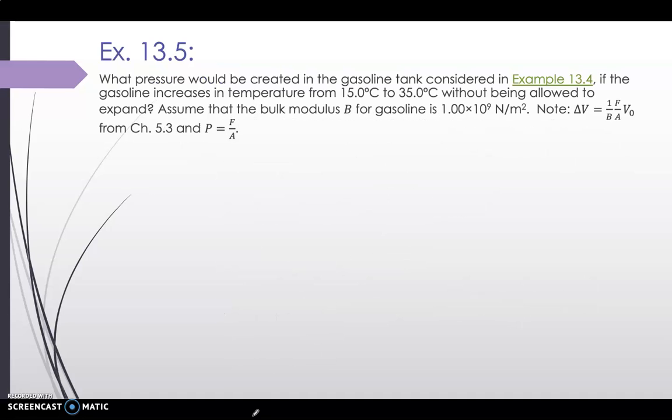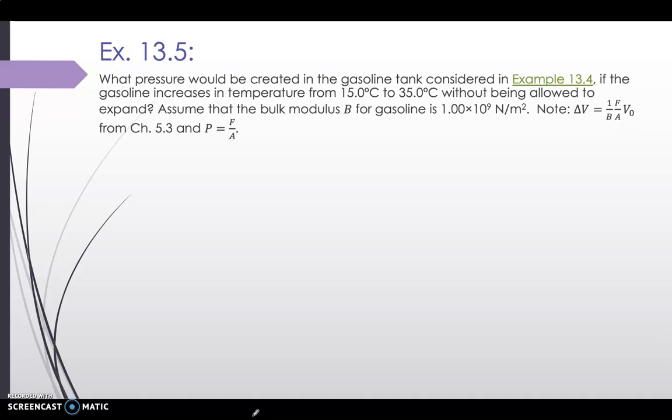Okay, moving on to our next example. It states, what pressure would be created in the gas tank that we just looked at if the gas increases in temperature, again, that we just looked at, without being allowed to expand?